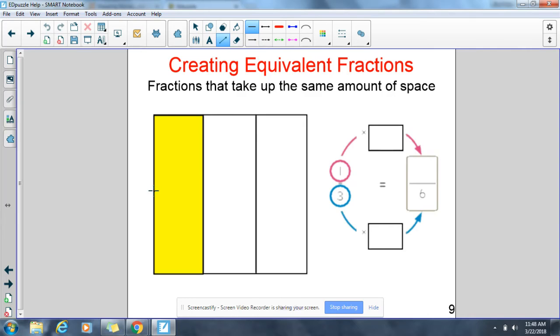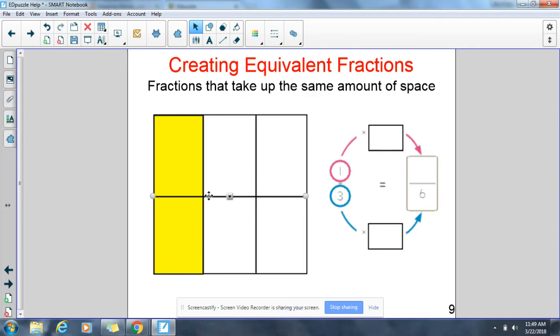If I take my thirds, notice I cut one of my thirds in half, I cut another one in half, and I cut the last one in half. Notice what I'm left with when I do that. I'm left with 6 pieces, and I'm actually going to scoot this down because it's not right in the middle. That looks better, okay? I'm left with 6 pieces.